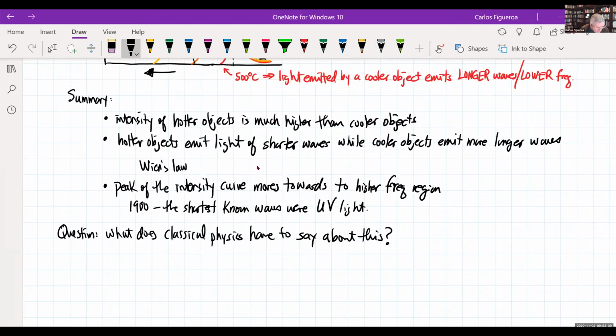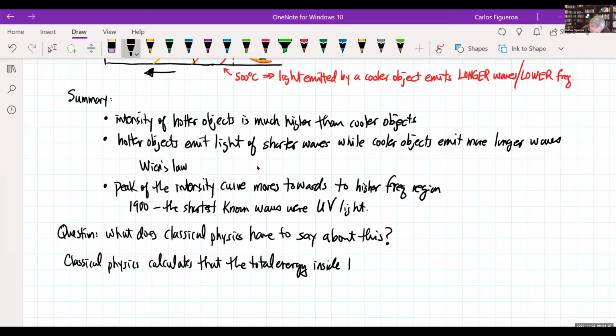Classical physics calculates that the total energy inside the oven set at 400 degrees Fahrenheit is infinite.